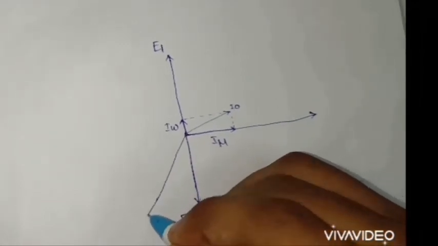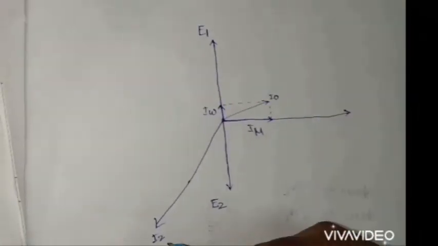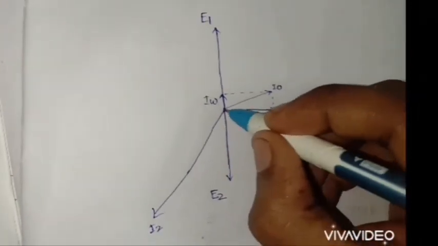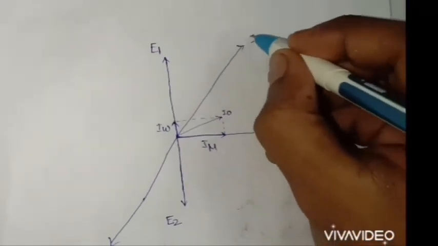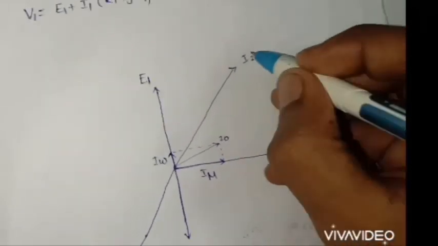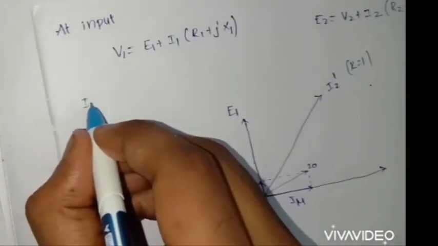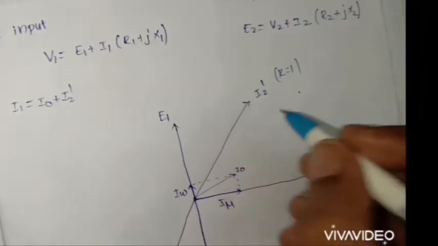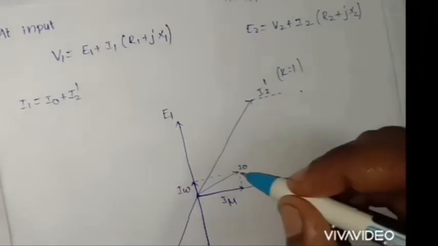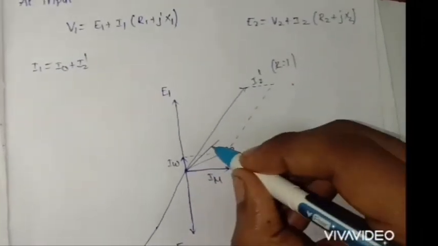So let it be I2. We know that I2 and I2 dash are equal and opposite in direction. So this is I2 dash, if K is equal to 1. We know that I1 is equal to I0 plus I2 dash. So I1 is the resultant of this I2 dash and I0. We get I1.